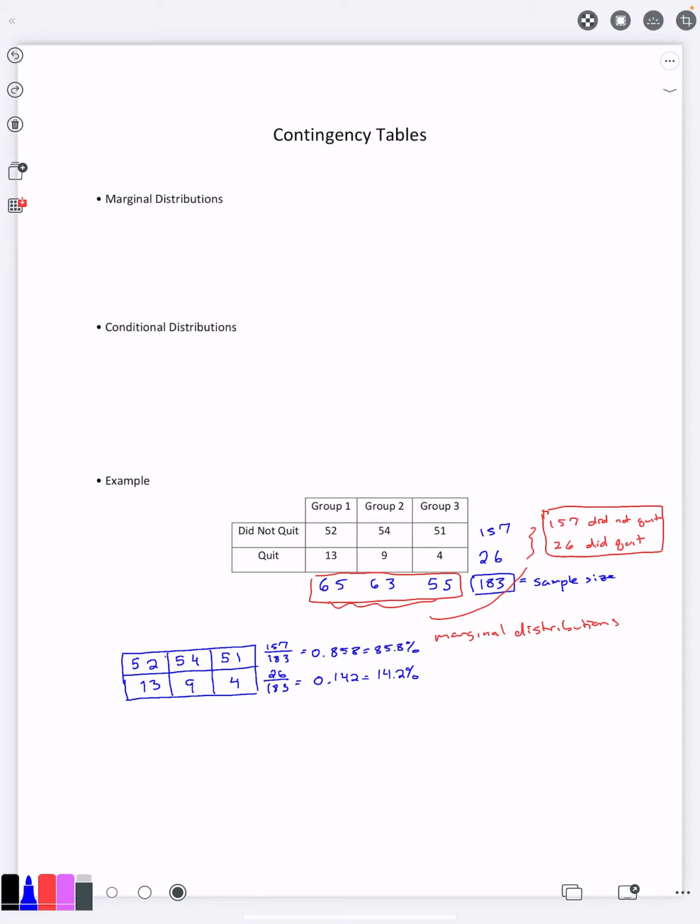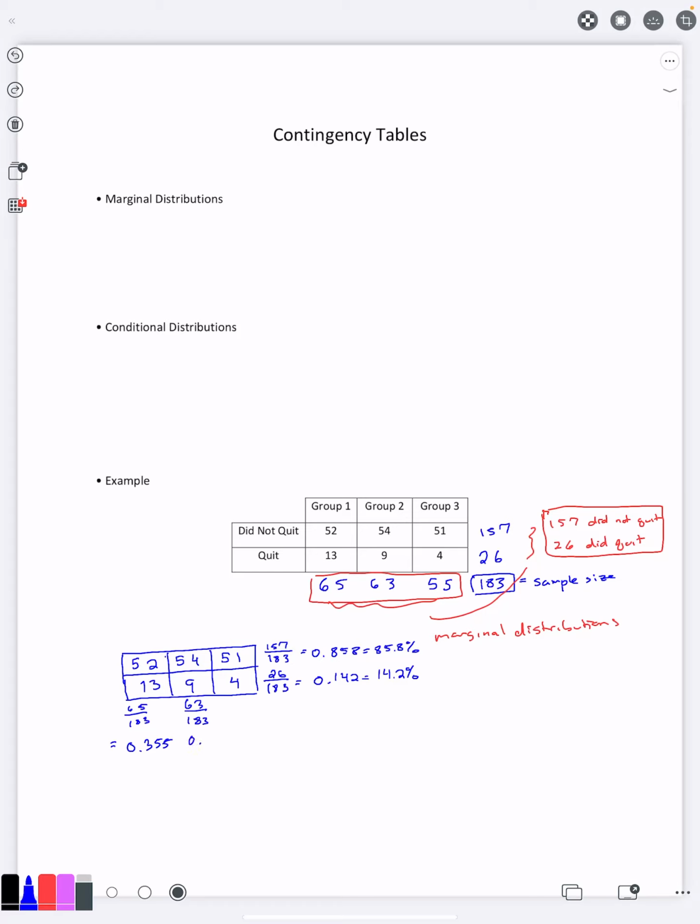If I go ahead and divide on the bottom here and say do 65 over 183, I get 0.355 or 35.5%. And then this one would be 63 over 183. Put that in my calculator.